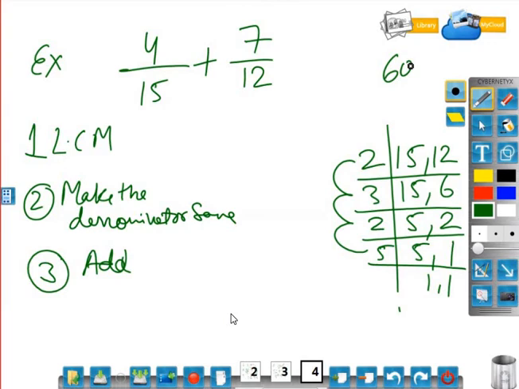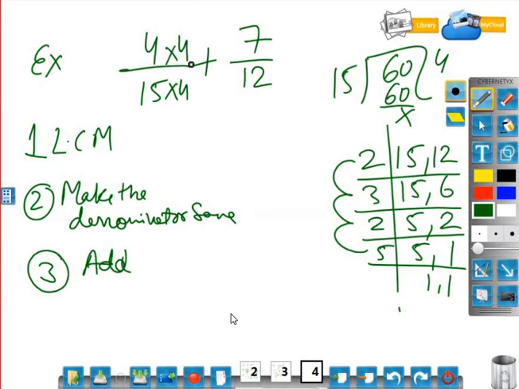But how do I come to know that the number is 4? So the rule is to divide the LCM by the denominator, that is 15. 15 times 4 is 60. So we multiply this by 4 and the numerator also by 4. Similarly, by what number do we multiply 12 to get 60? 12 times 5 is 60. So we multiply this by 5.